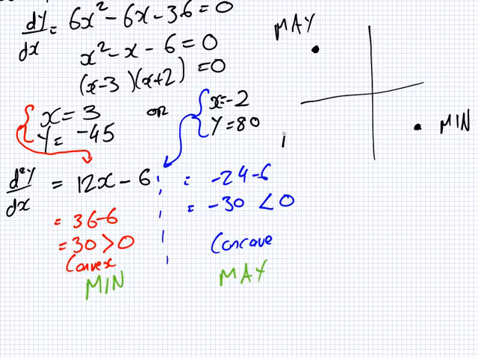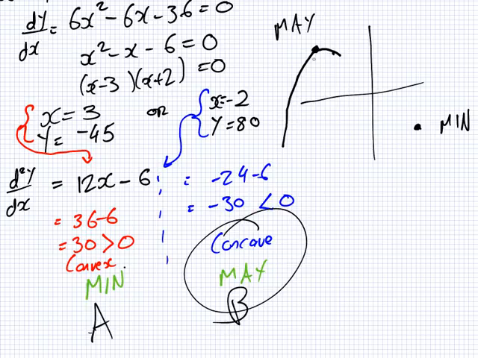So when we draw the shape, it should be concave for this part, that's this one here. If I call this B and A, to make it clearer, that's B, that's A. So it's concave for this part, and then convex for the next part.